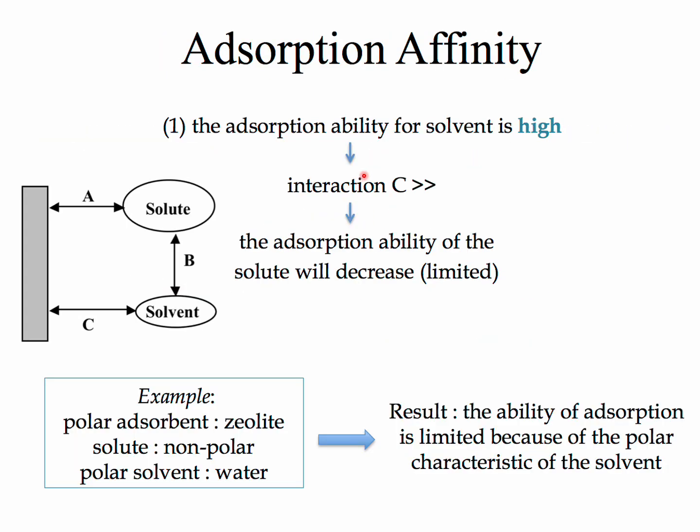Right, so let's discuss more on the first case. Here the absorption ability of the solvent is high. This means that the interaction between the solvent and the solid surface, which we denote as interaction C, is much stronger compared to the interaction between the solute and the solid surface, which is interaction A. As a result, the solvent molecules will preferentially occupy the available absorption sites on the surface.